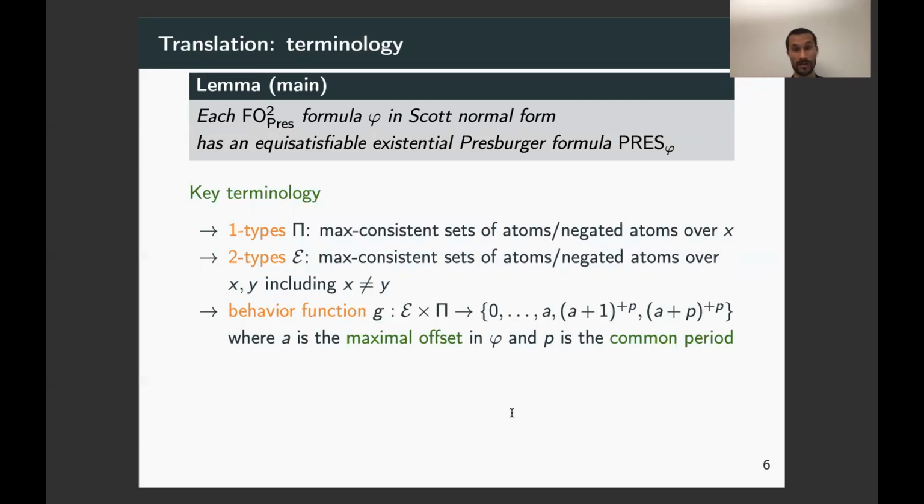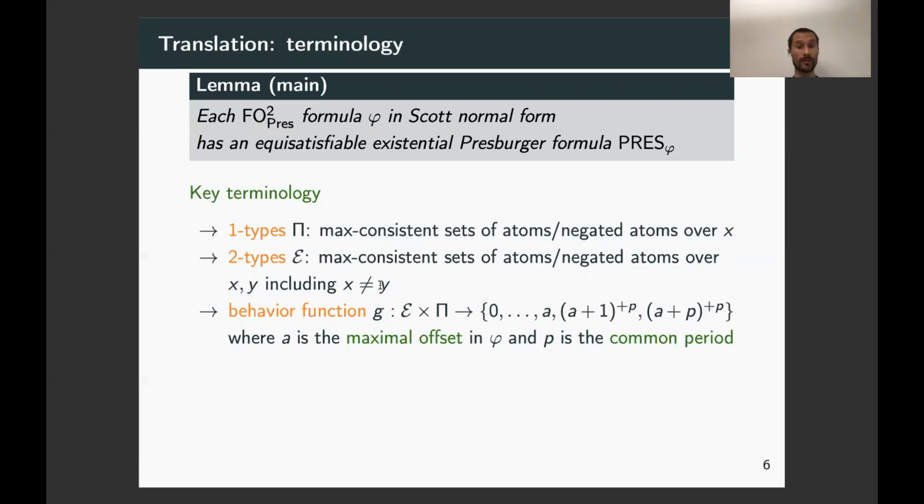A 1-type is a maximally consistent set of atoms and negated atoms over one single variable x, so it describes elements locally in the structure. 2-types are maximally consistent sets of binary atoms and negated atoms over two variables x and y, so they describe two different elements. We require that each 2-type includes x different from y, so we really describe two different elements in the structure.